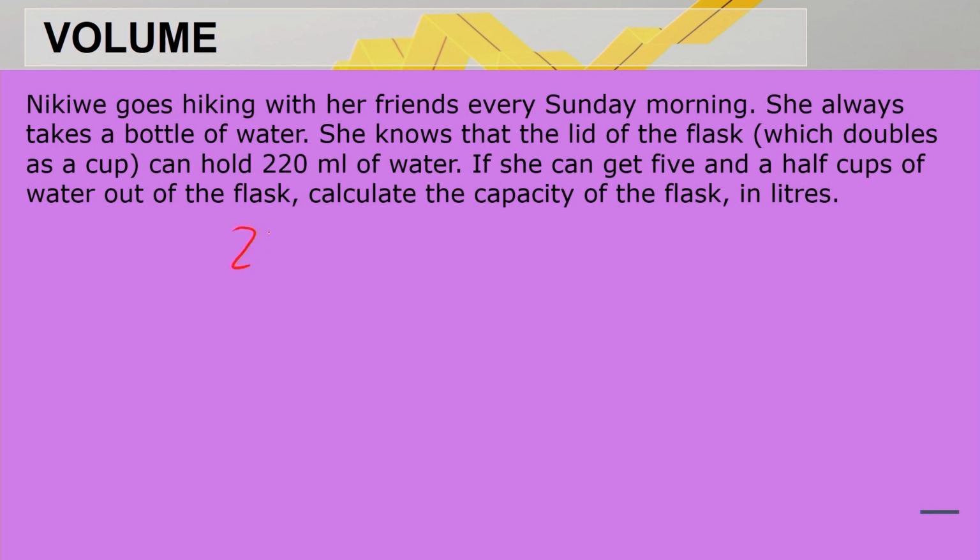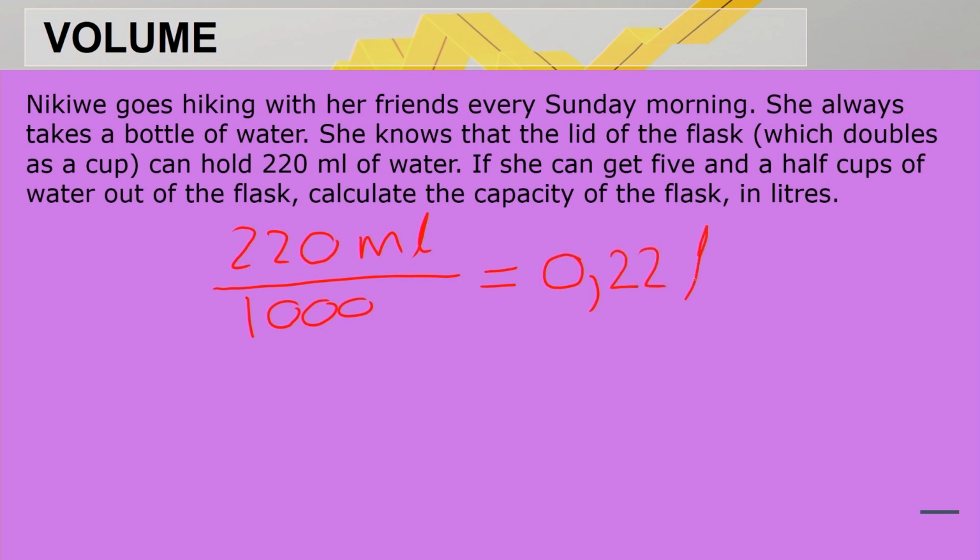So again, there is going to be a conversion, but nevertheless, let's quickly look at it. The 220 milliliters divided by 1,000 gives us the amount of liters. So it's 0.22 liters. And she knows that it can be filled 5.5 times.